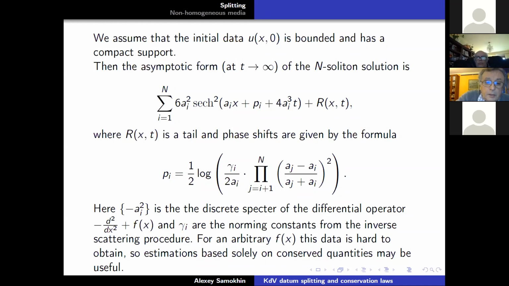So some estimation for this asymptotic made solely with the conserved quantities may be very useful.